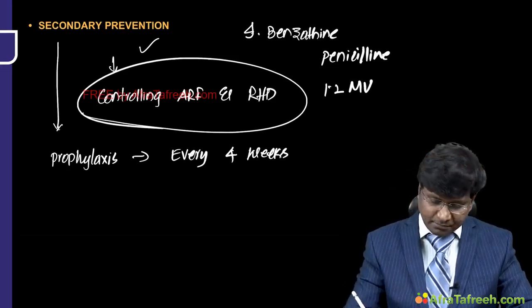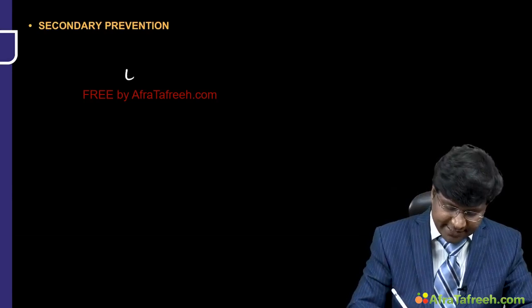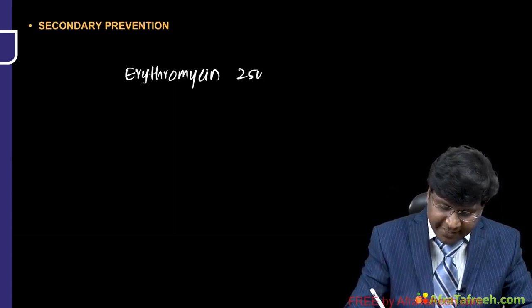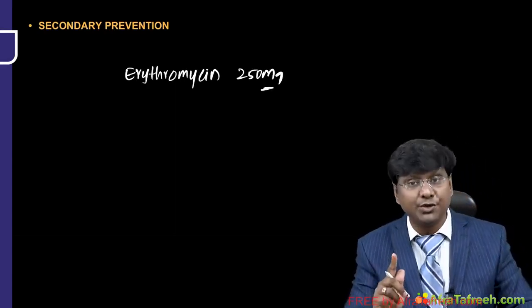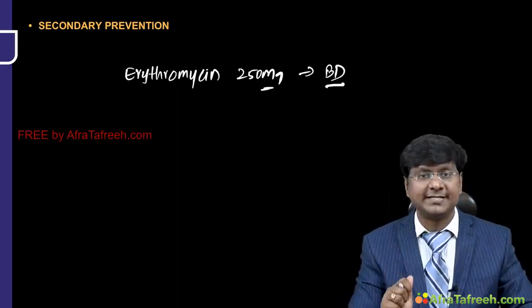Okay. Then those individuals who are allergic to penicillin, what will you give? You need to give erythromycin, 250 milligrams, and whenever you are giving erythromycin, it has to be given twice daily.